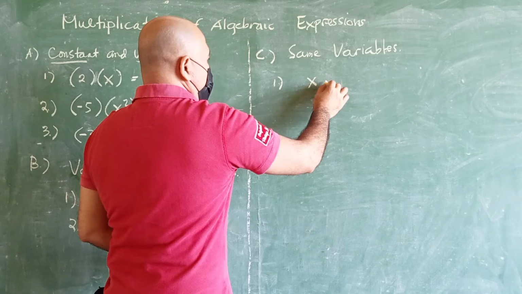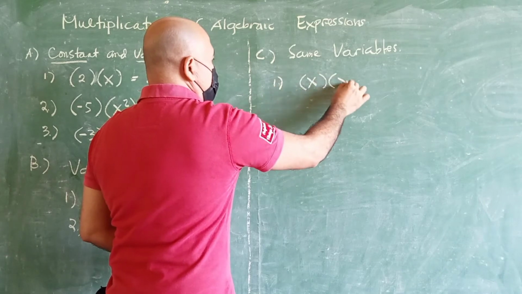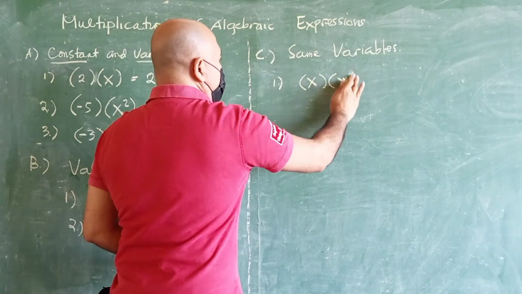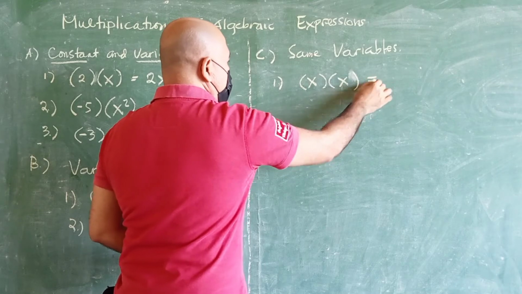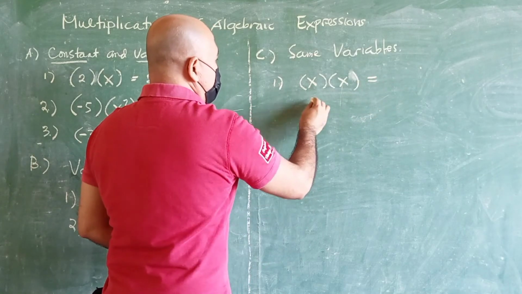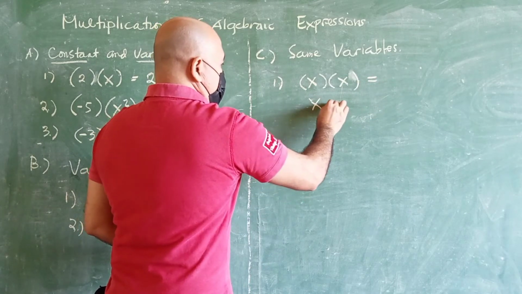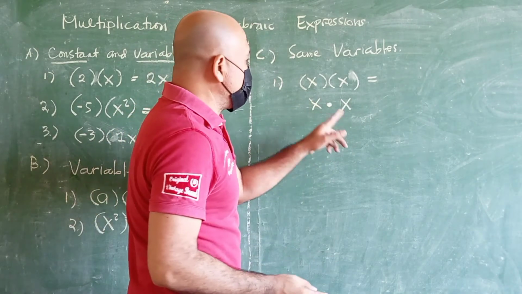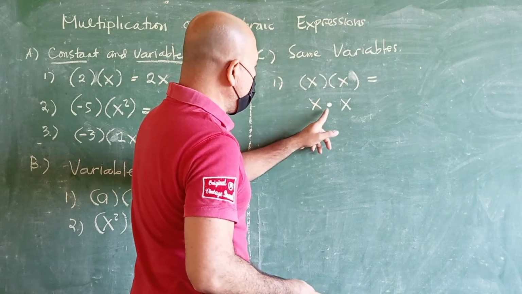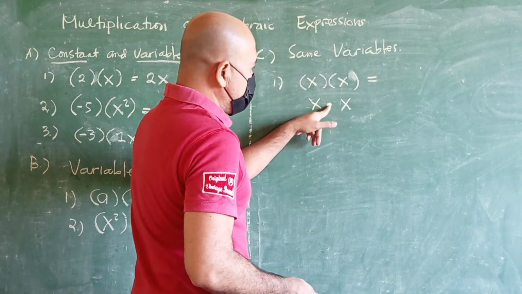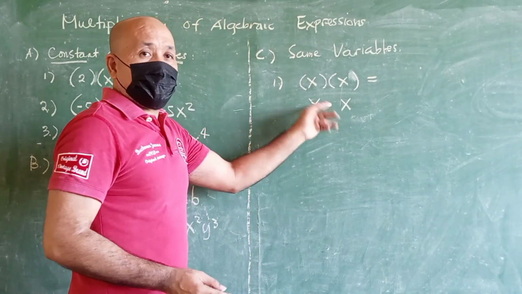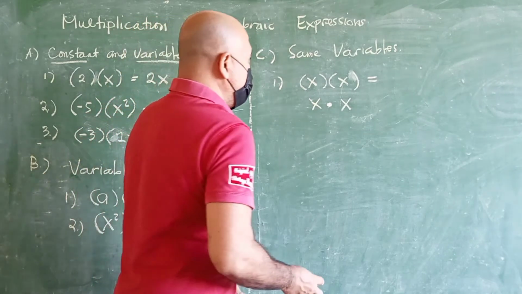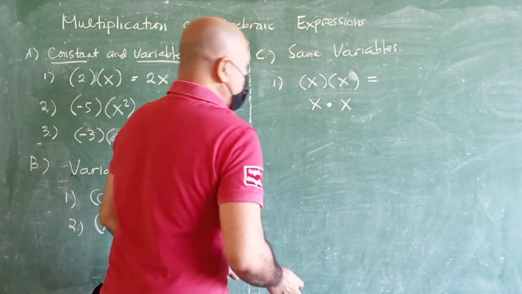x times x. Just for example, you may also rewrite this as x times x. So instead of using parentheses, you can also use that as a symbol for multiplication when it comes to secondary mathematics or algebraic expressions.